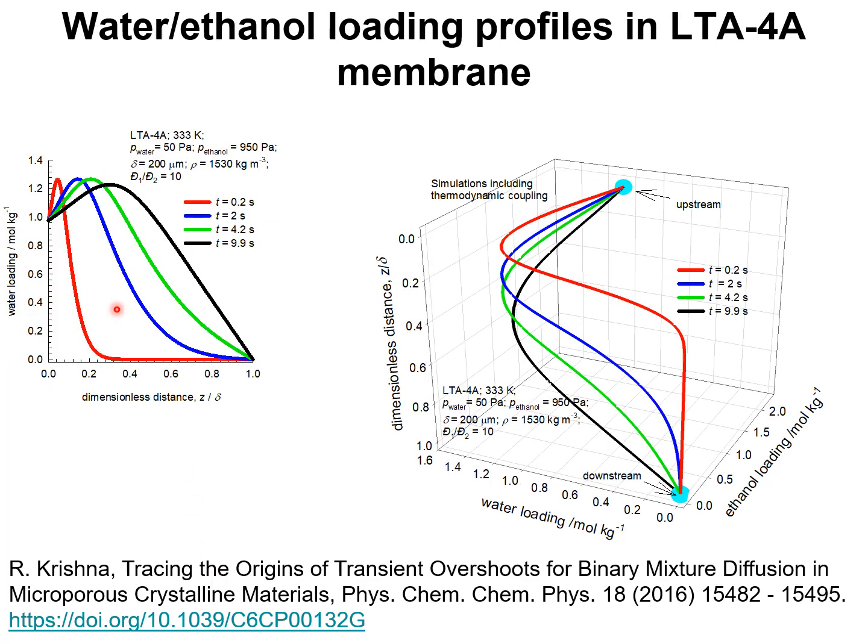The simulation data for the development of the water loading within the LTA-4A membrane layer are shown here. During early transients, the water loading exhibits an overshoot. The values of these maxima are significantly higher than the values at the upstream face of the membrane.